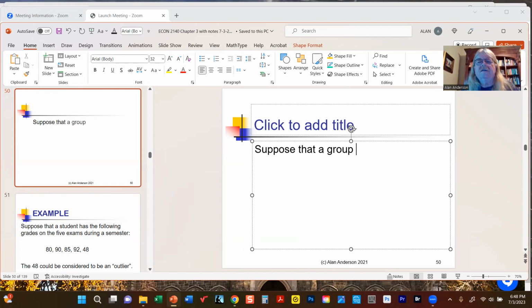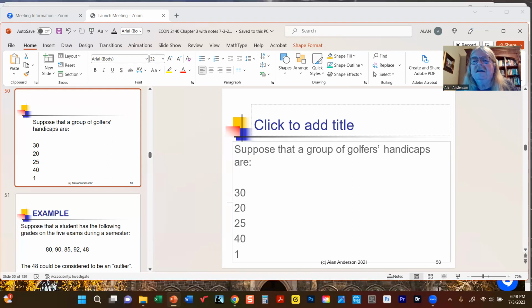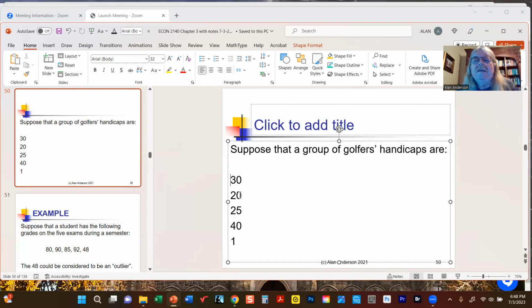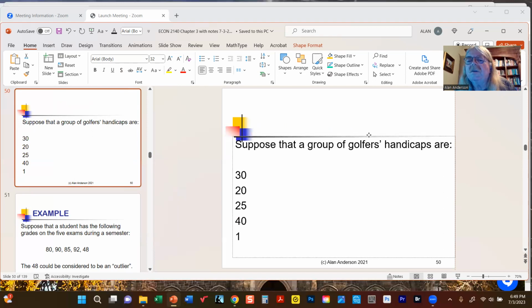A group of golfers, handicaps are 30, 20, 25, 40. And then there's somebody in that room who's really good and his handicap is 1. Oh my God, he's a pro. Okay, how did he get into that golf club? We don't know. Or how did the others get in? And I mean, I'm not a golfer or anything, but it means that when you're playing somebody else with a different skill level, this is something that's meant to equalize it. So you have a reasonable chance of winning. So the higher your handicap, the worse a player you are.